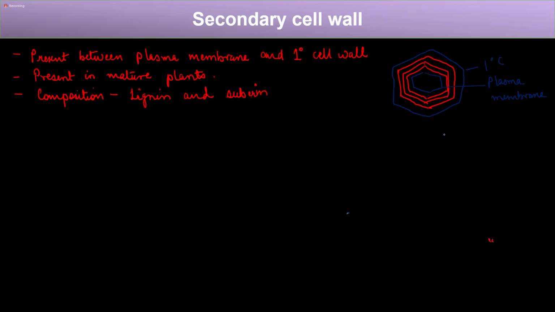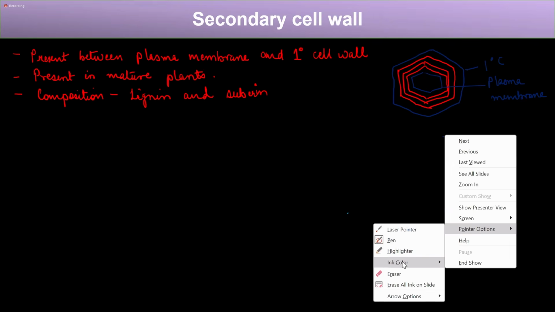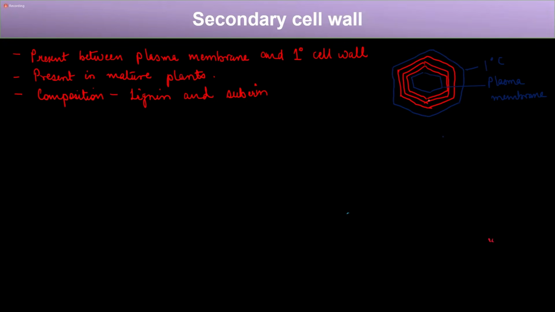So if we talk about the secondary cell wall, what is the name of these three layers? The innermost layer is called S3. The middle one is called S2, and the outermost is called S1.